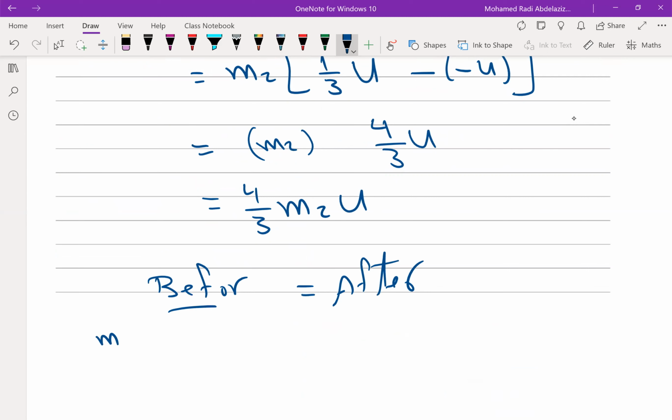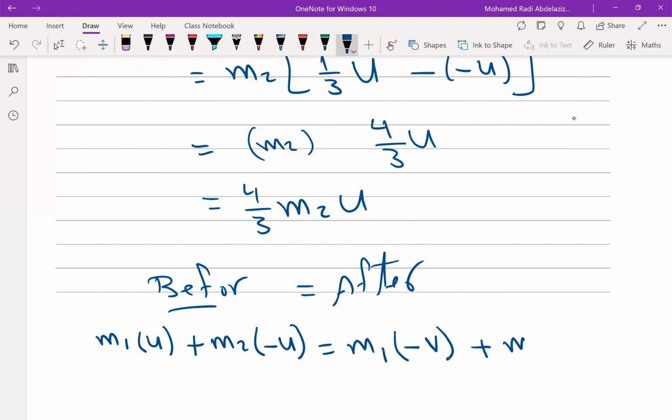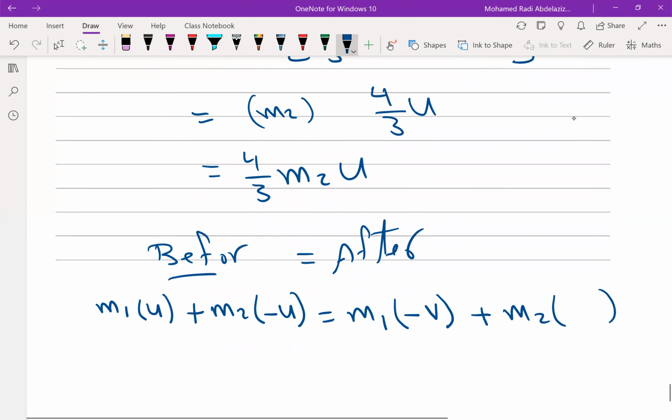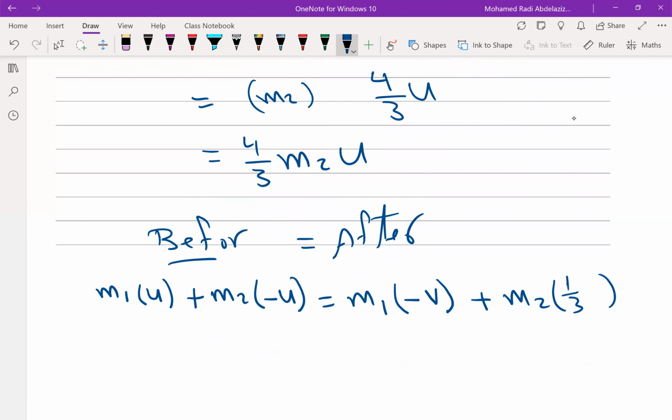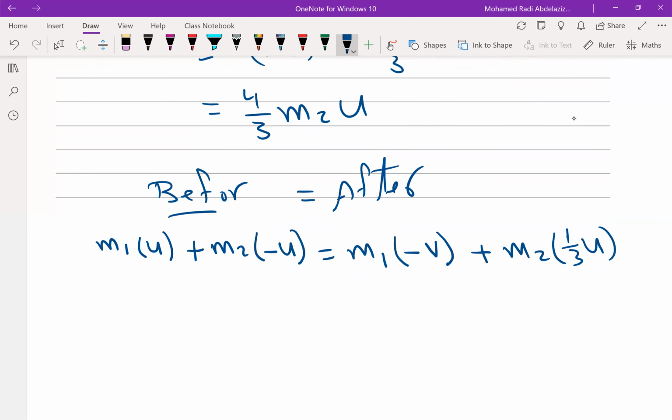Mass of P is M1, and its velocity is u. Mass of the second particle is M2, and its initial velocity is negative u, equal to mass 1, its velocity is negative V, plus mass 2, and its velocity after the collision is u/3. Try to simplify and get the value of V.